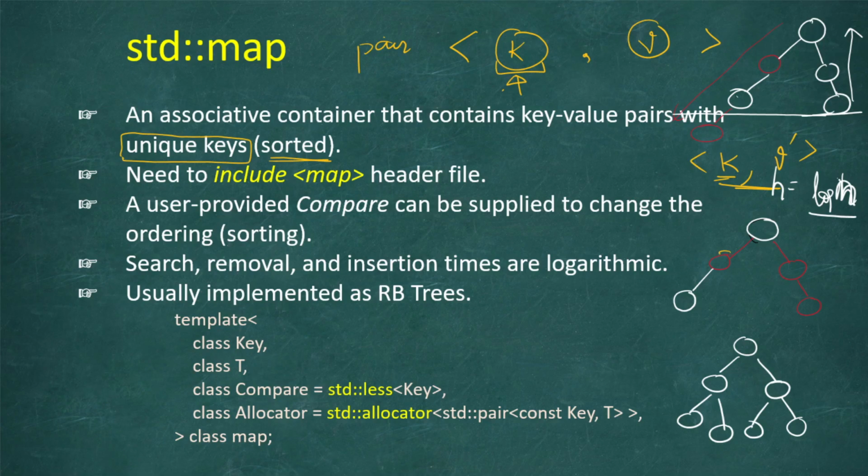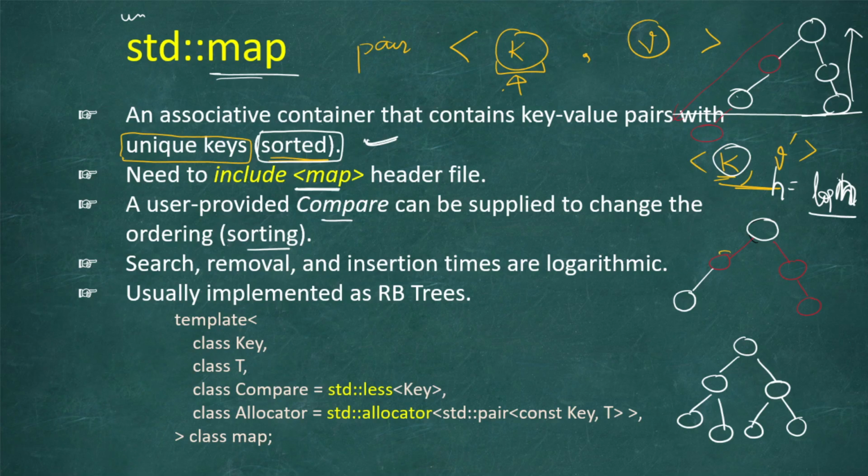This is very similar to the set that we had seen earlier. And here you need to include the map header. And again, it's sorted just like a normal set. But if we see unordered map, there it will not be sorted. It will be implemented using a hash table. But here it's sorted. And you can provide a compare function for comparing the keys here.